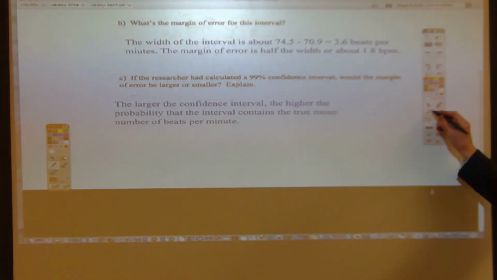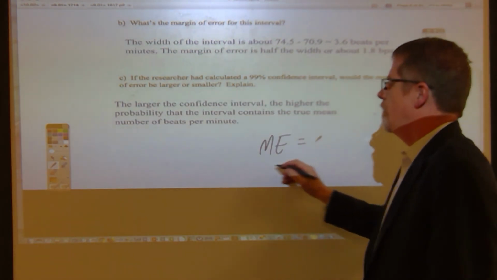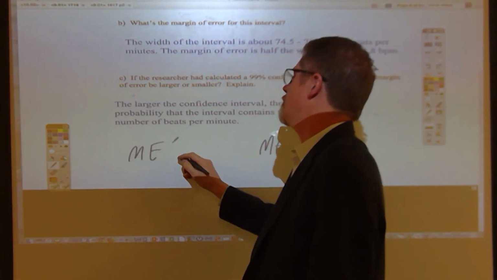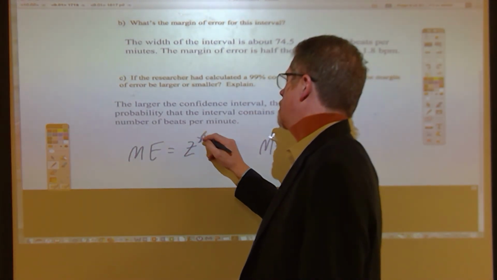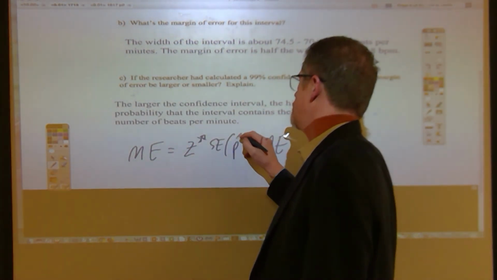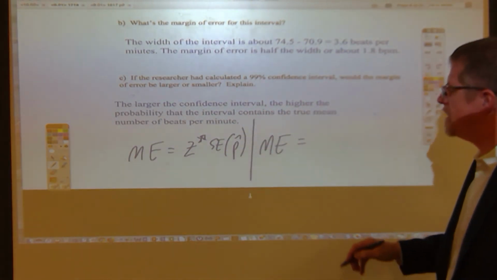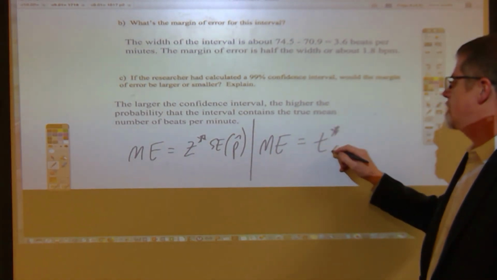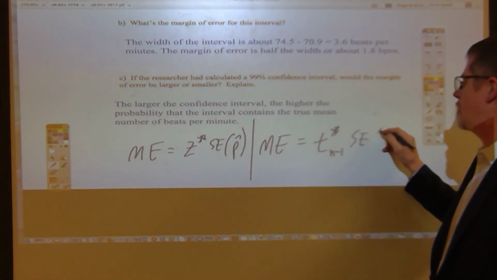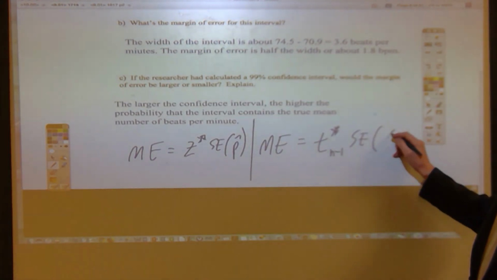By the way, since I wrote ME on the board, I want you to have the formula here. The margin of error formula for p-traps was z star times the standard error of the sampling distribution of p hat. Z is for proportions. T is for means. So the margin of error for a mu trap is t star sub n minus 1 times the standard error, which is an approximation of the standard deviation of the sampling distribution of x bar.